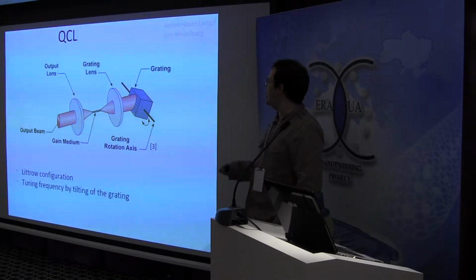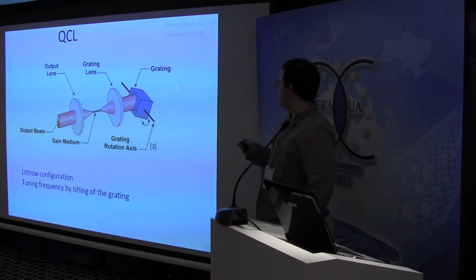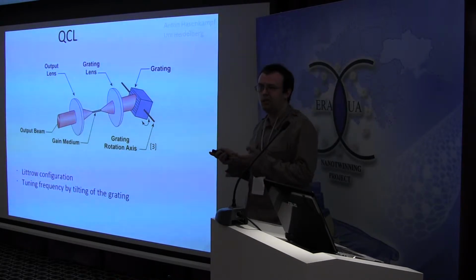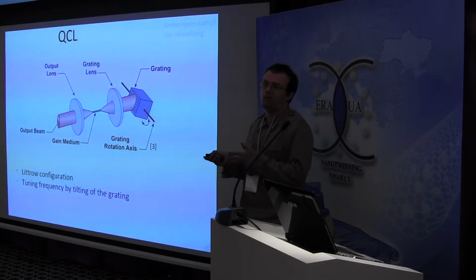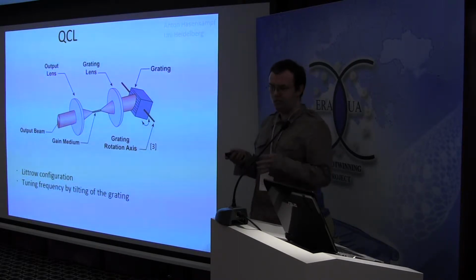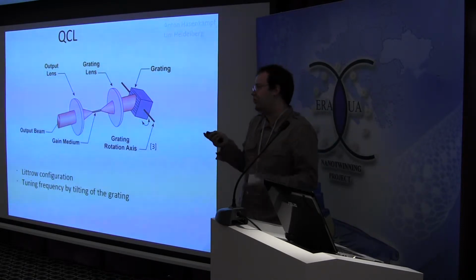In the case of the quantum cascade laser, you normally use the Littrow configuration, and the special part of this configuration is the grating. The grating can be tilted, and by tilting the grating you can tune the frequency of your laser. And by tuning the frequency you can measure a special area of, in our case, about 7 to 9 micrometers or 300 wave numbers.